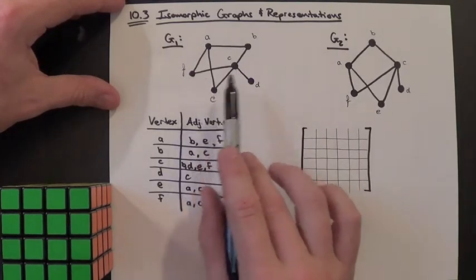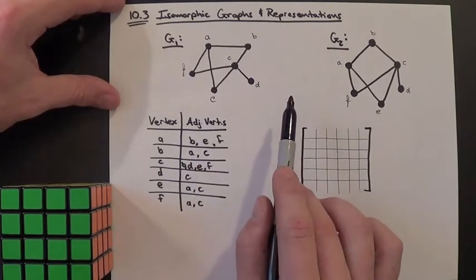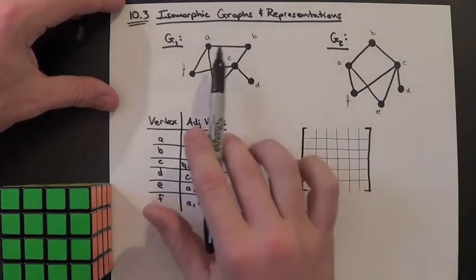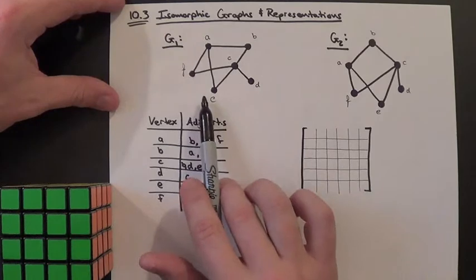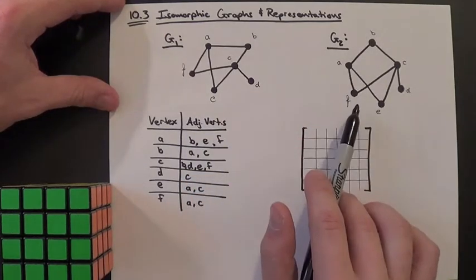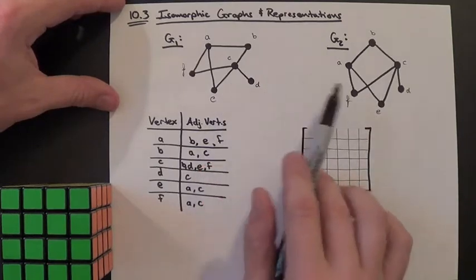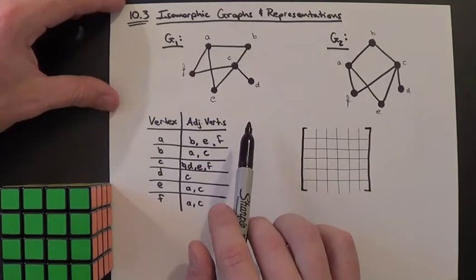So the edges between those vertices must correspond as well. That's basically all it means for two graphs to be isomorphic: the connections must be the same and the vertices must correspond. Of course, I could rename each of these vertices and these would still be isomorphic graphs.